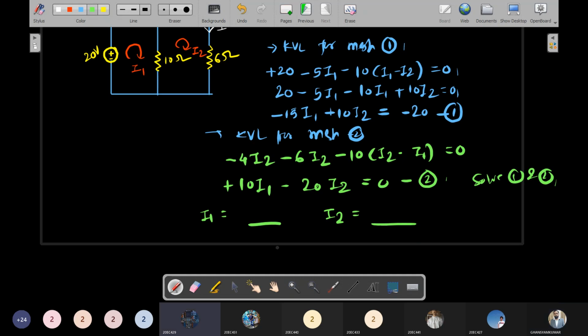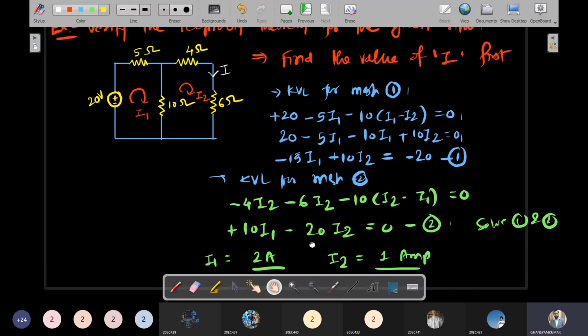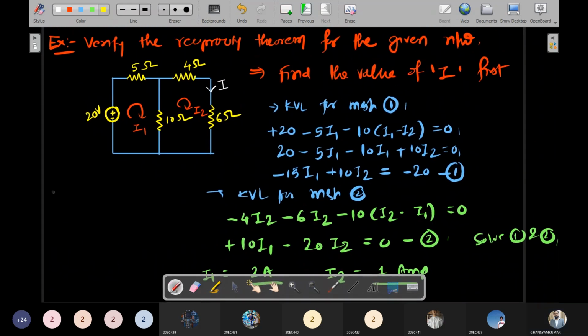I1 is 2 ampere. I2, yes, sir. Okay, I2 equal to 1 ampere. So in our case, if you see the circuit, I2 is equal to nothing but I, and that value is 1 ampere. Okay, that we have derived.